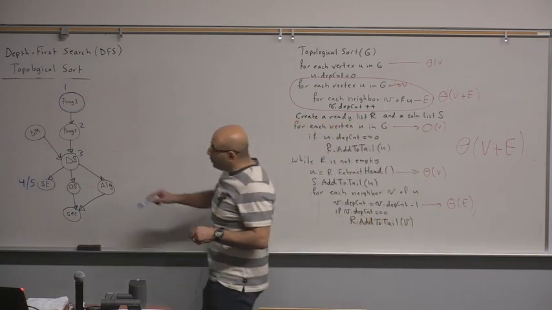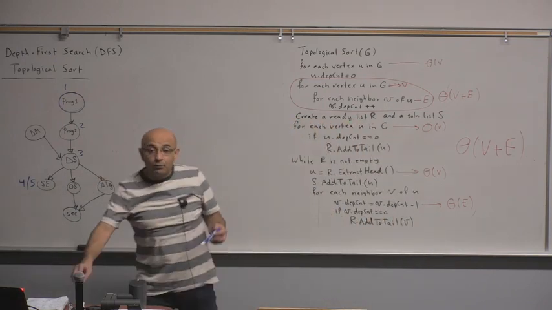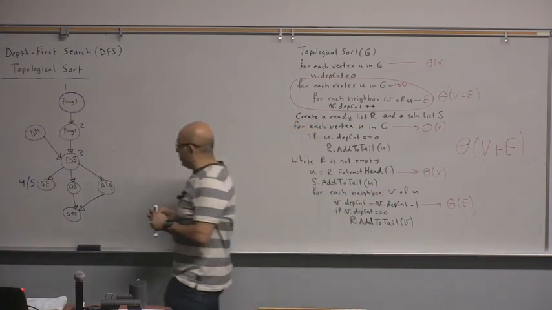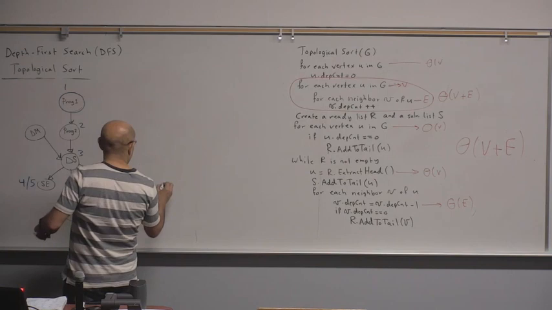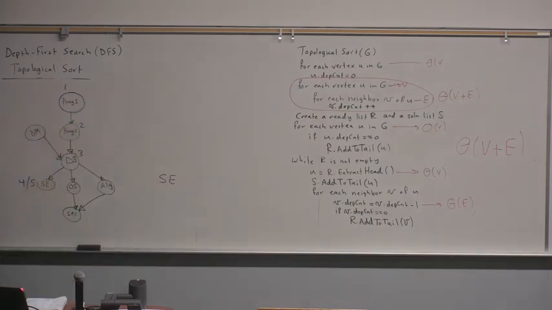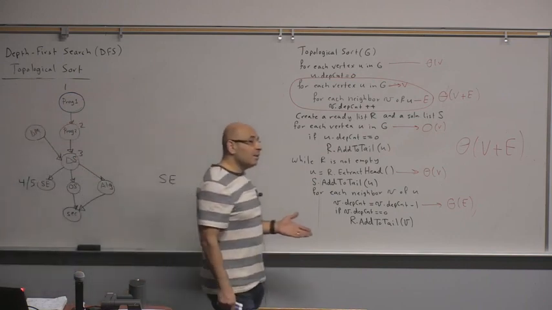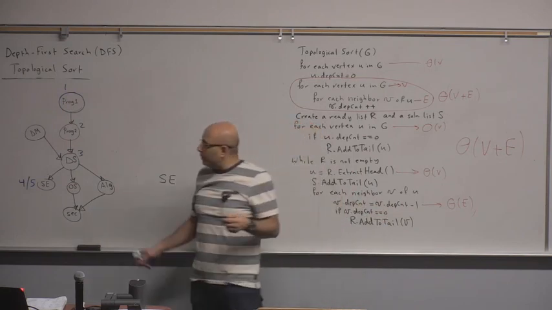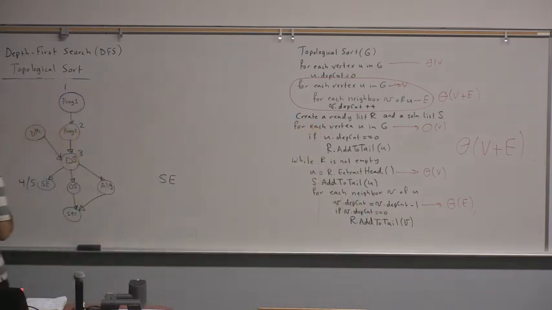Exactly. So if we put it at the very end, we know for sure that nothing is dependent on it. So whenever we finish a node in DFS, we know that we can put it at the end. Because when we finish it, it either doesn't have any dependence, or all of its dependents have been finished already. So we will see an example of the other case in a minute.